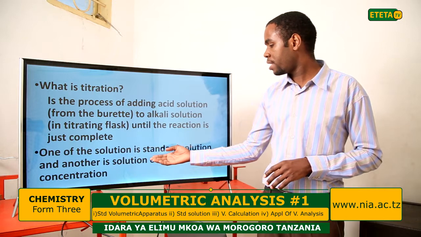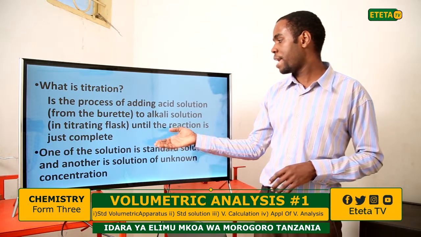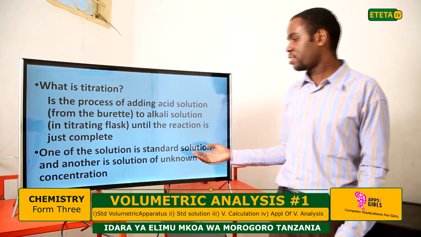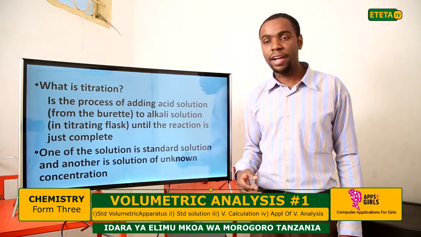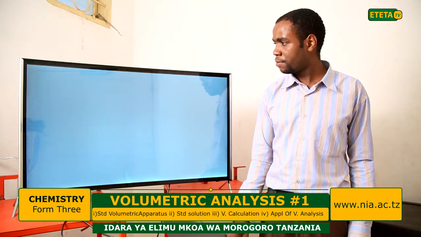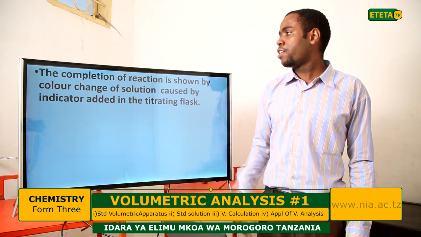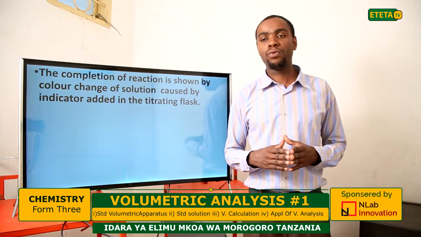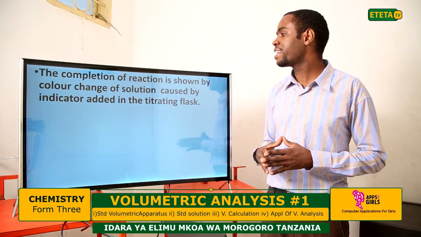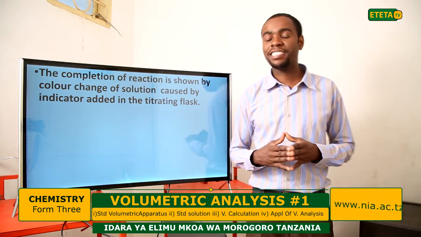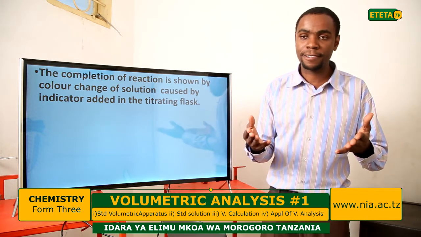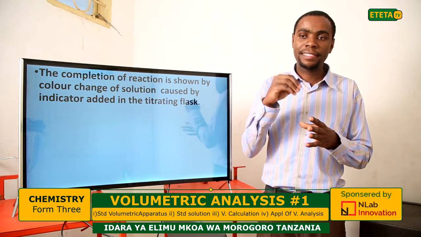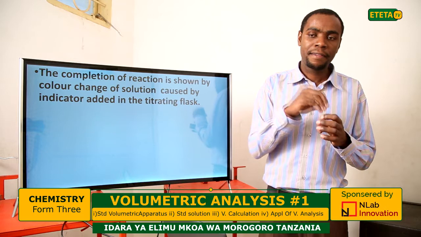Now, one of the solutions is the standard solution, and it may be an acid solution or an alkali solution. One of the solutions is the standard solution and another is the solution of unknown concentration. The completion of the reaction is shown by a color change of the solution caused by the indicator added in the titrating flask. During the titration process, in the conical flask, we put the base.